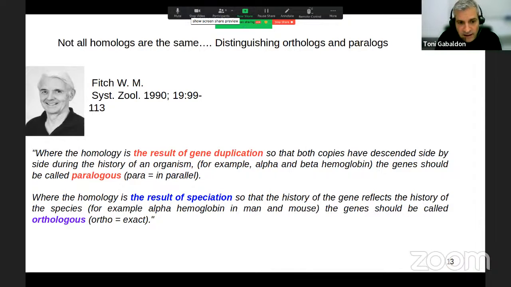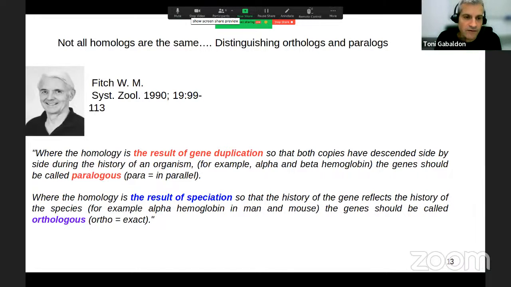In one case, the gene is duplicating, so that for some time two copies of the same gene descend side by side in the same organism. And in another case, the genes were not duplicating, they were simply in a genome, in a species that then diversifies into different species, and the genes carried by each of these species will be diverging from their ancestor.